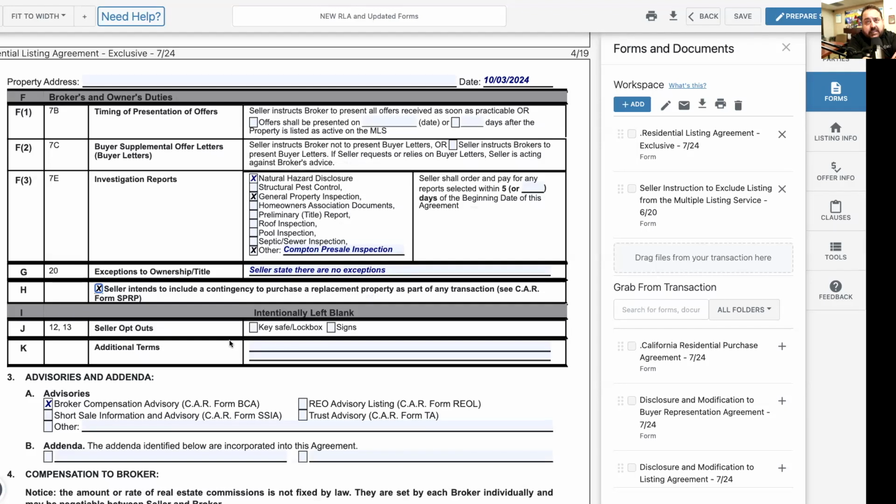Have any of you guys ever been on a listing appointment where you've gone through the whole presentation, the seller's pretty much ready to sign, and then they bring up, "But there was this guy that said he would buy my house cash. We wouldn't have to pay any escrow fees or anything like that. He would take care of everything. And he wants to buy it. He said he would buy the house. What happens if he comes back? Now, if he comes back and wants to buy it, I have to pay you compensation."